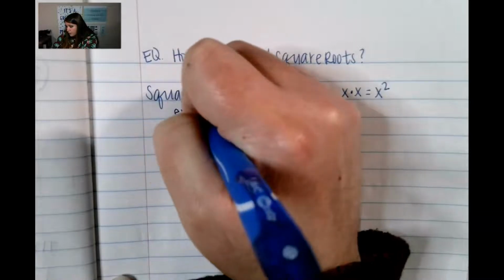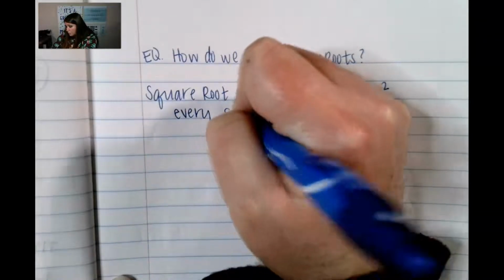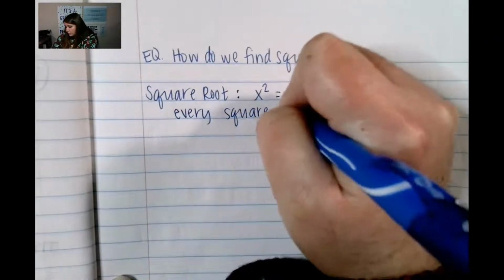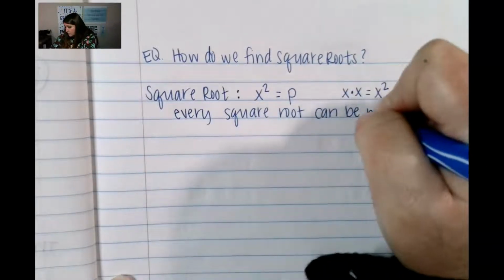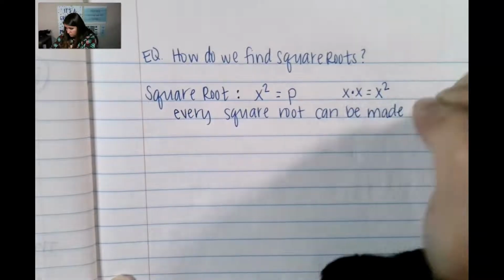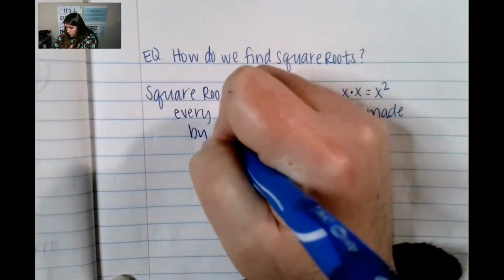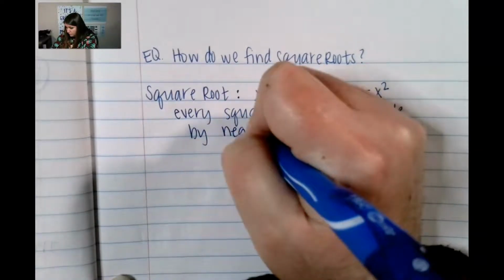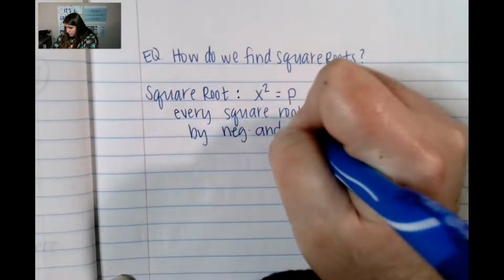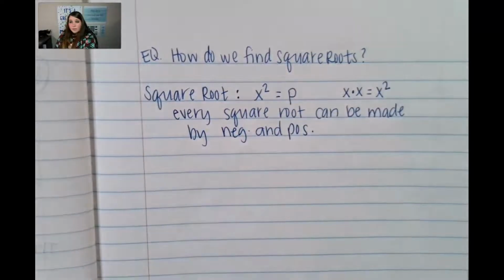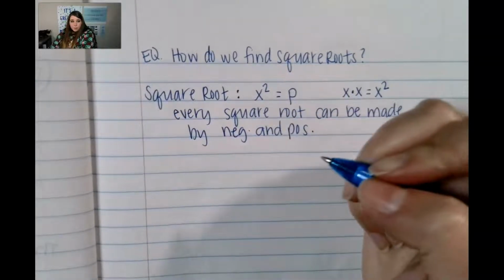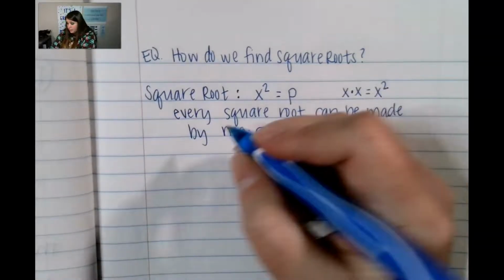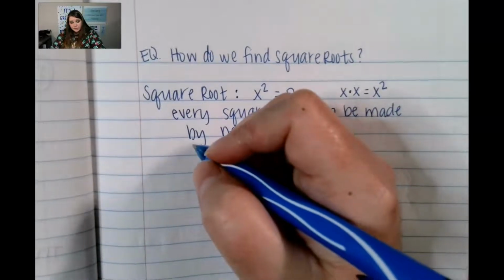So for example, if I had a squared number, let's look at a square here.